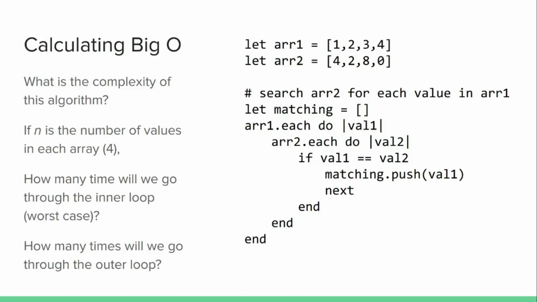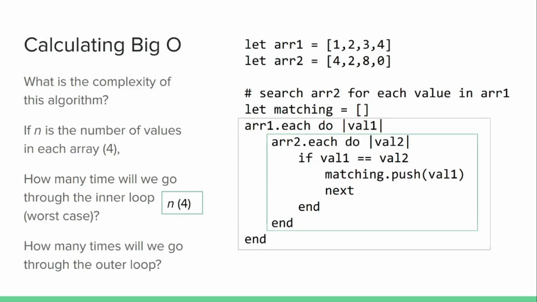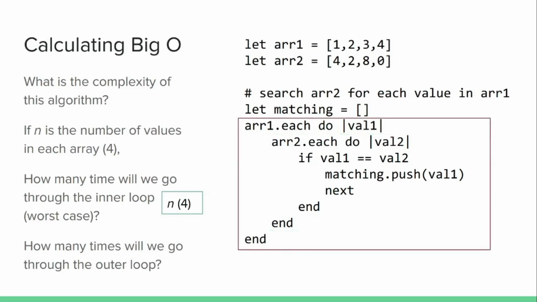If we ask ourselves, how many times will we go through the inner loop in the worst case? That's this loop here. Well, since we're looking at each value of array 2, in the worst case we'll look at 4 values. Then we ask, how many times will we go through the outer loop, this loop here?